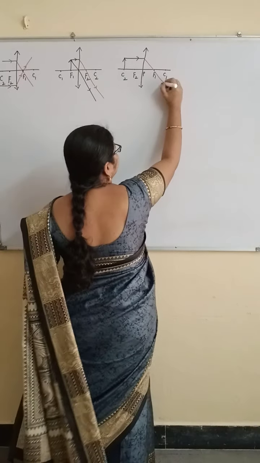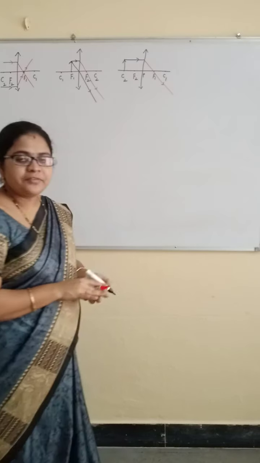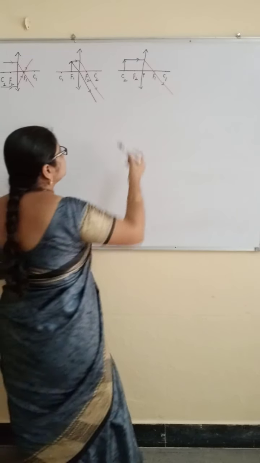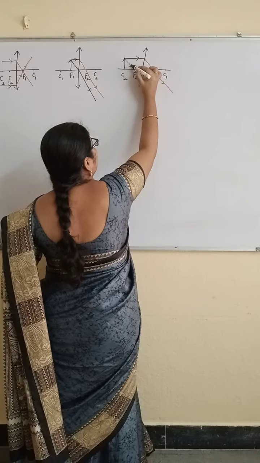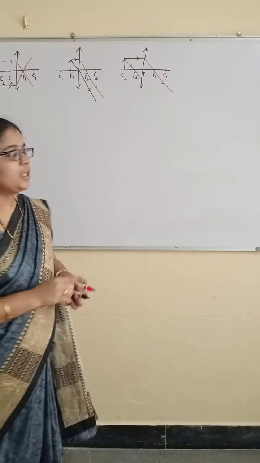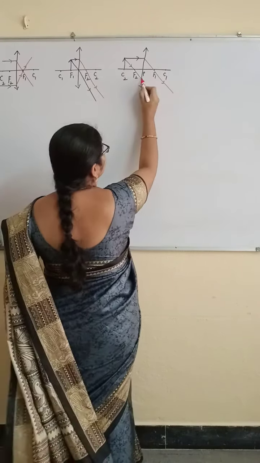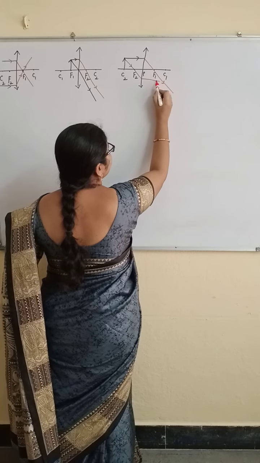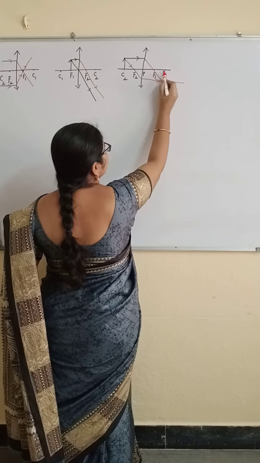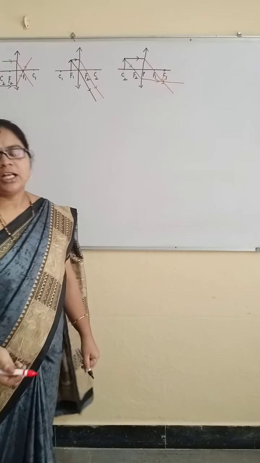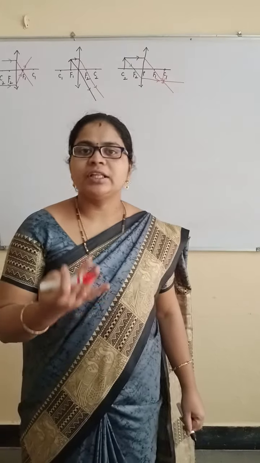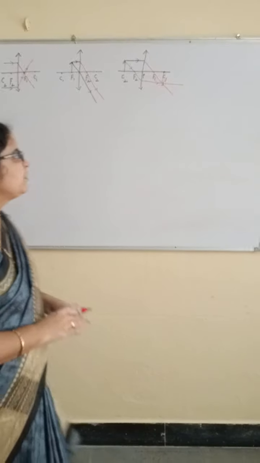Now the light ray which is passing through the focus, arrow marks are very important, the refracted ray will be parallel to the principal axis. So here you will get the image. At C1 you will get the image. The image is real, inverted, equal sized image.